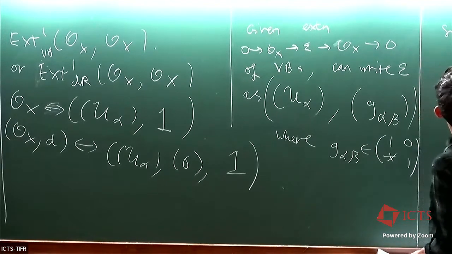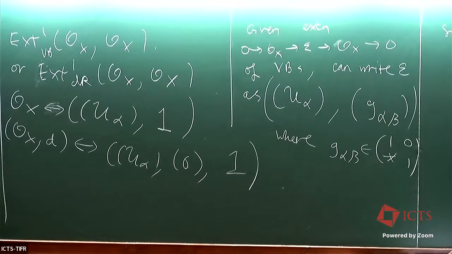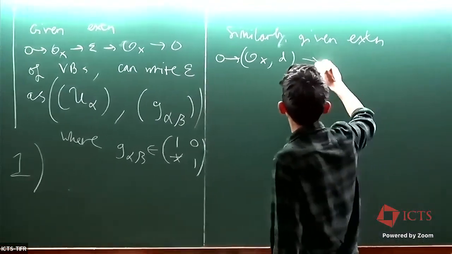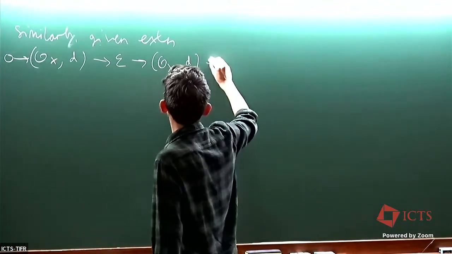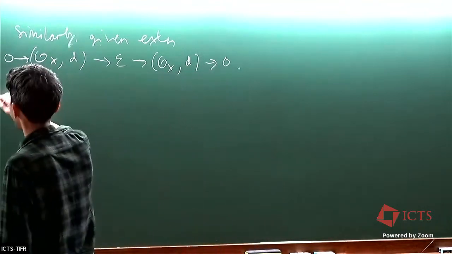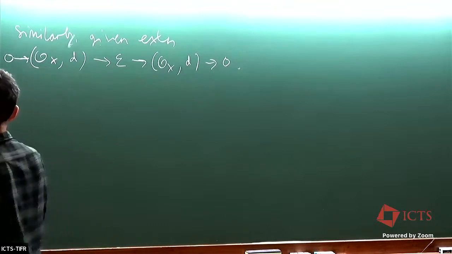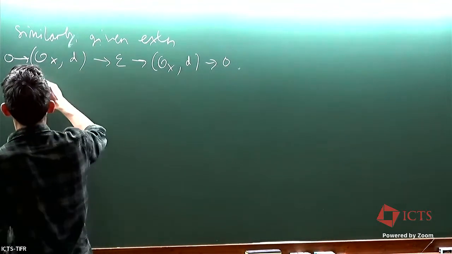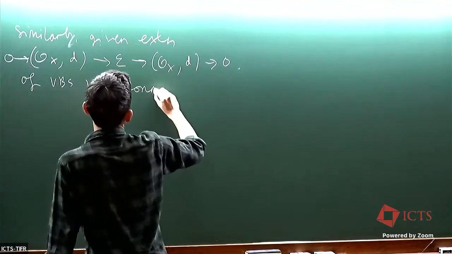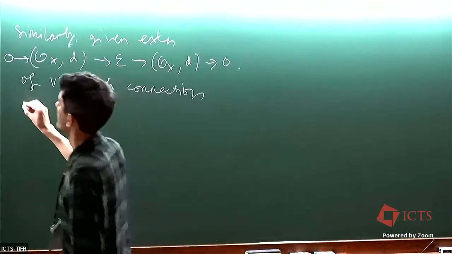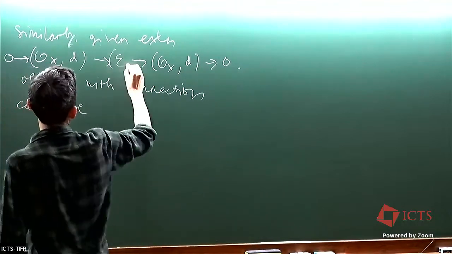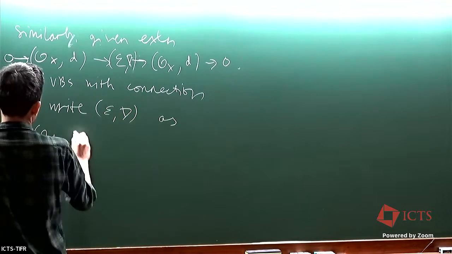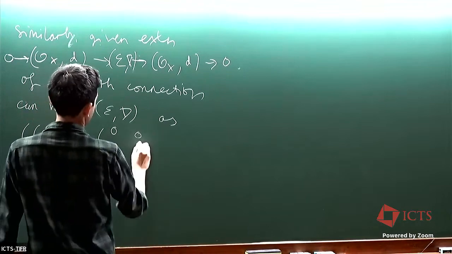So similarly, given an extension of vector bundles with connection, maybe let's write this as (1, 0; h_alpha beta, 1), we can write it as U_alpha with matrices (0, 0; 0, omega_alpha).